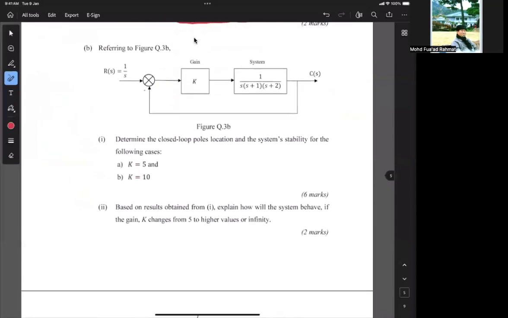Question B is this one. You're referring to figure 3B. So, a 1 volt step input, and you are given a forward transfer function as shown. Determine the system stability for the following cases.